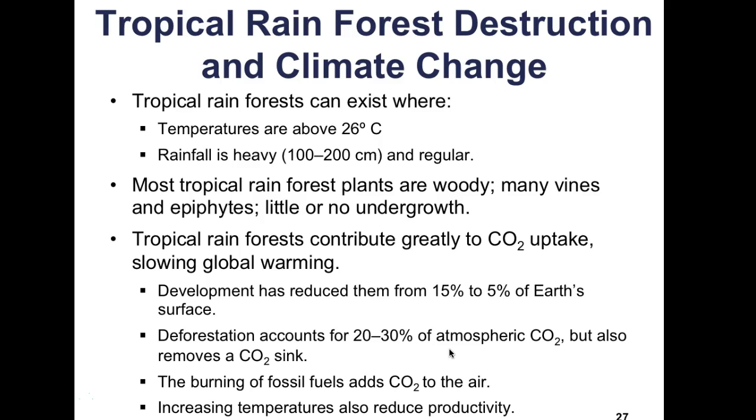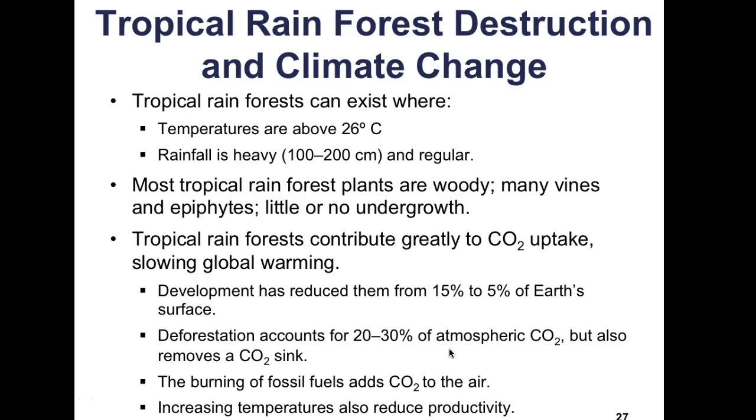So what we see here is most tropical rainforest plants are woody plants with many vines and epiphytes. Epiphytes are air plants. They typically grow on other plants. There is little or no undergrowth. So when you talk about the undergrowth, that would be the plants that are on the forest floor.